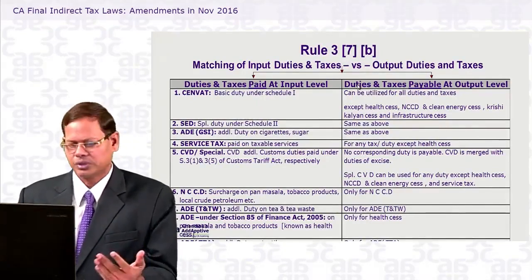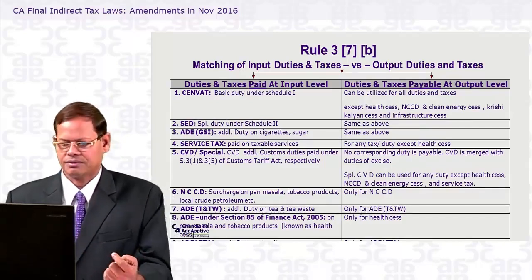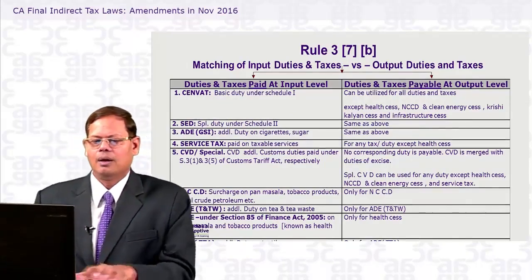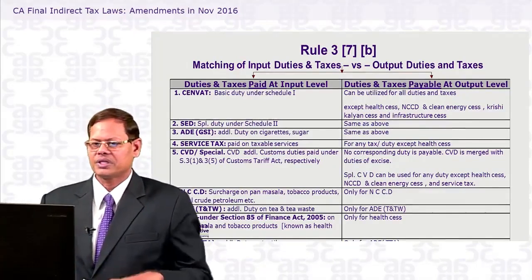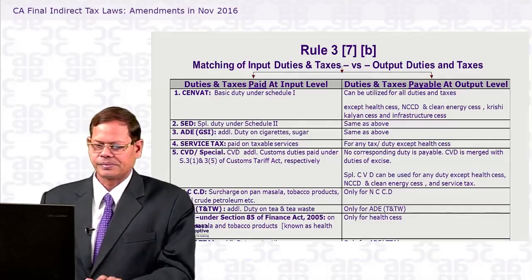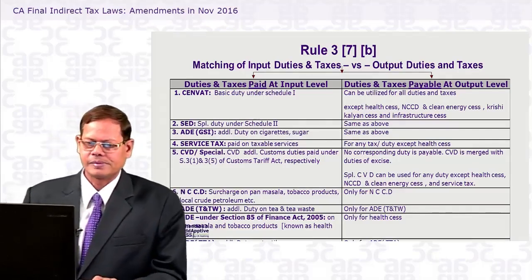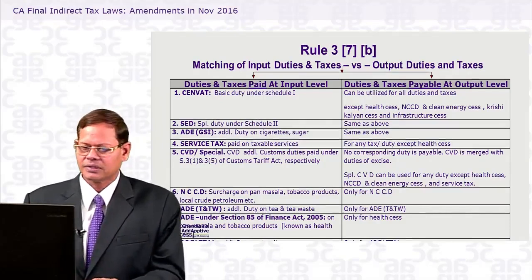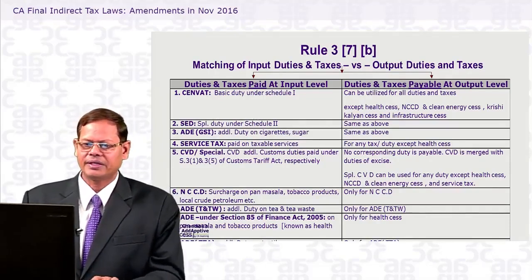So, what is there in Rule 37B? You are able to see it. Matching of input duties and taxes versus output duties and taxes. On the left side, you see duties and taxes paid at input level.